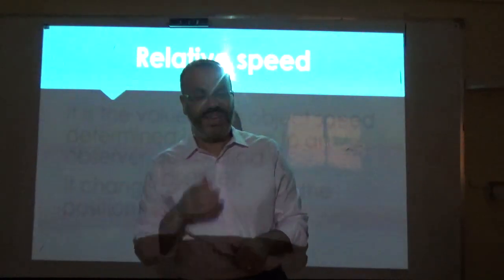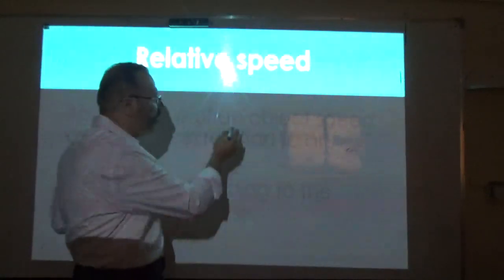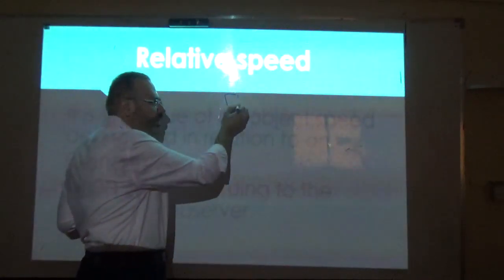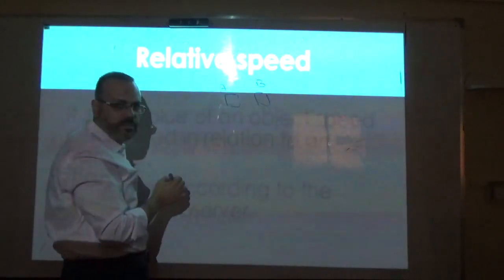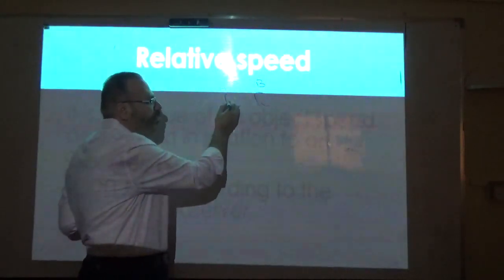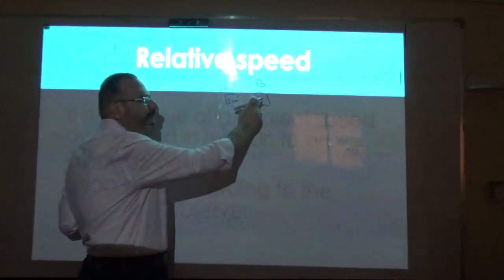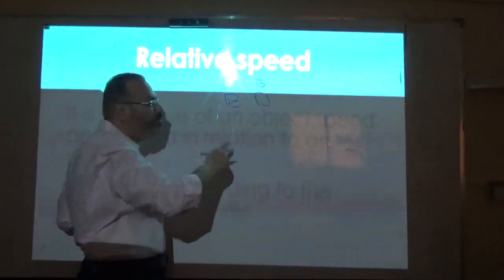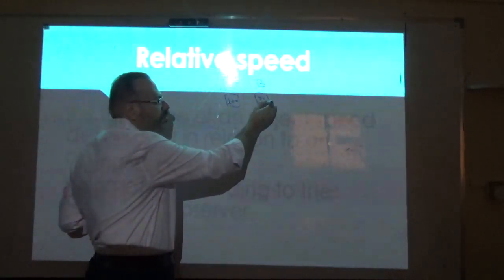But if there are two cars, for example car A and car B, this car moves with a speed of 100 kilometers per hour, and there is another car moving beside it with a speed of 70 kilometers per hour.